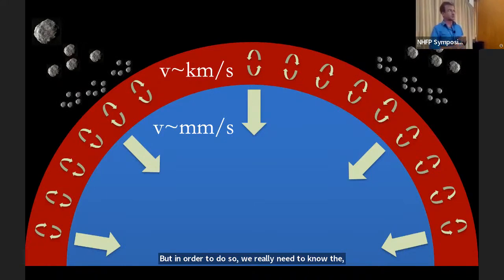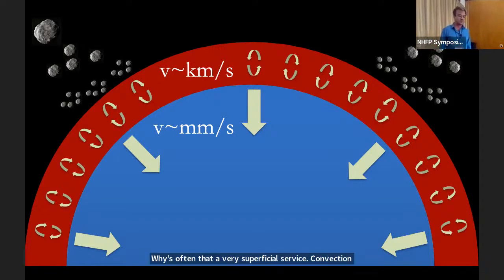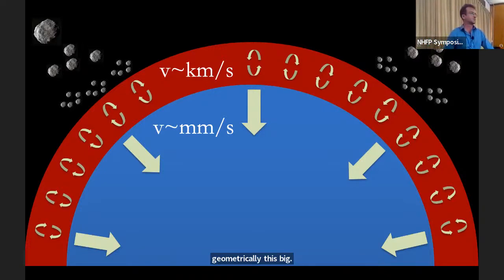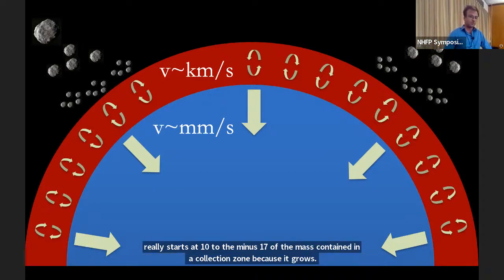One of the key uncertainties is the treatment of convection. This is a toy model. White dwarfs develop a very superficial surface convection zone as they cool. It probably never gets geometrically this big. It really starts at like 10 to the minus 17 of the mass contained in a convection zone, but this grows as it evolves.